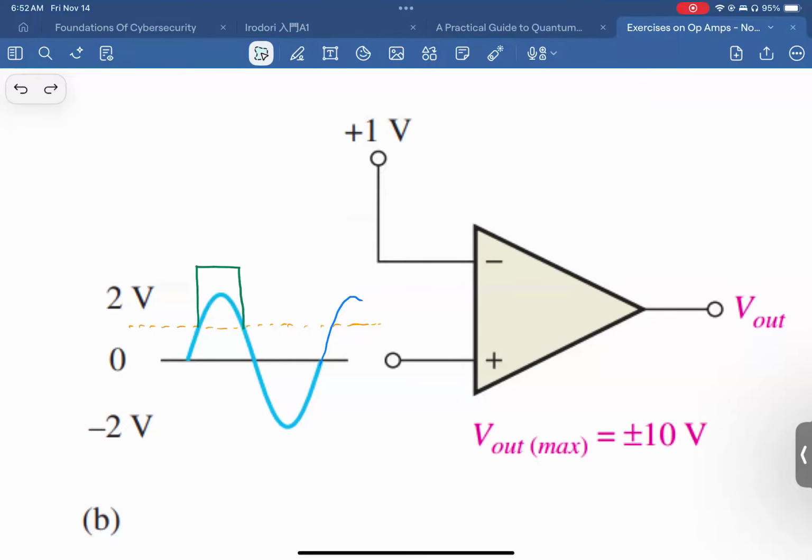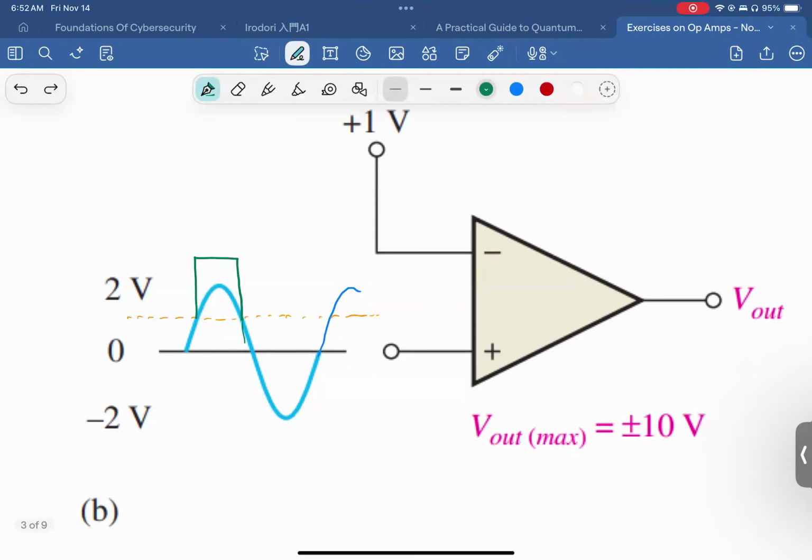And then dito naman mag-max siya to the negative. Pag below 1 volt siya. Okay, so yan yung output signal niya.